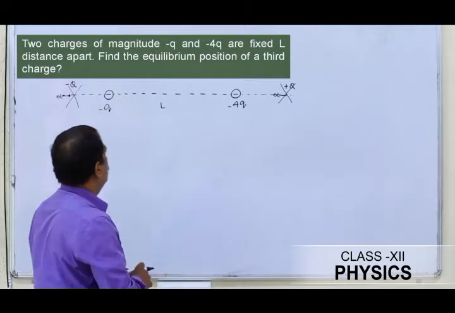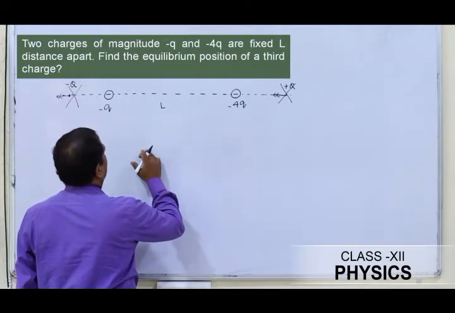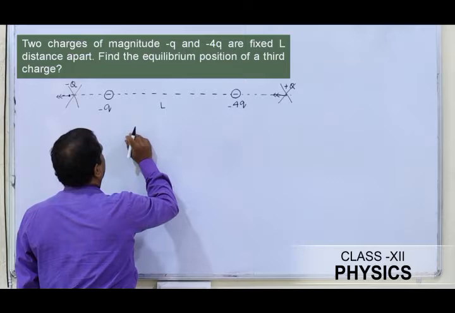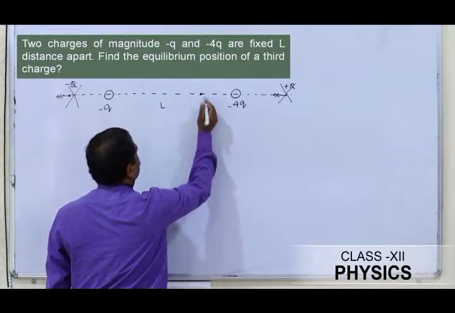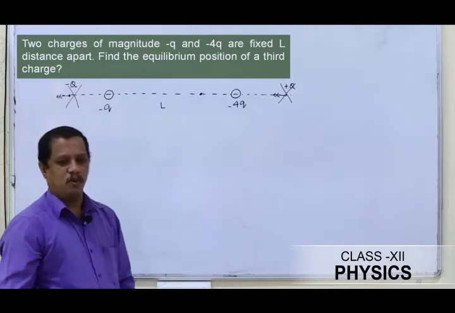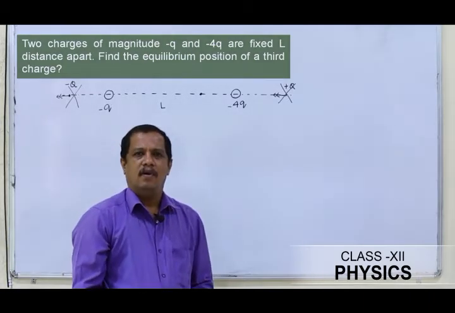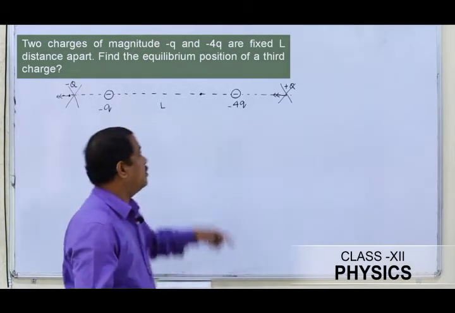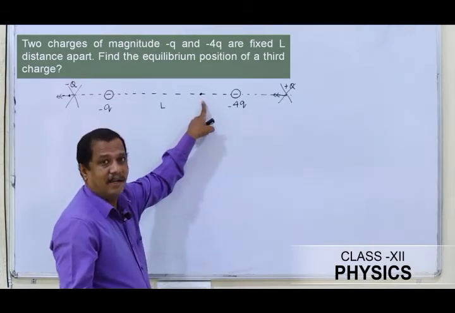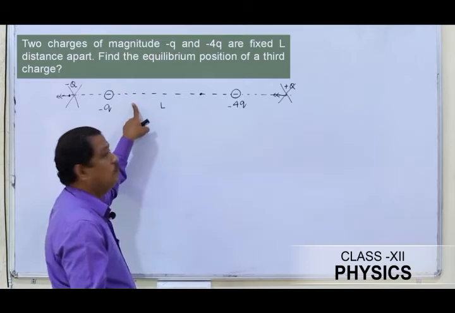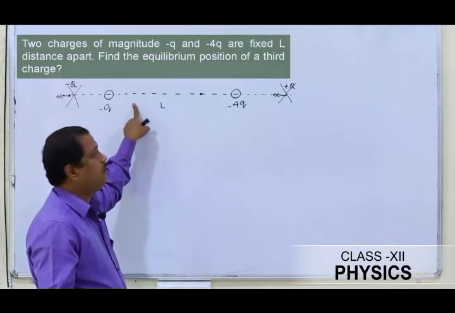So I'm going to consider a point arbitrarily. Let me take a point closer to 4Q, and we'll see whether the point I considered closer to 4Q is right, or whether this position will be closer to the charge of smaller magnitude.